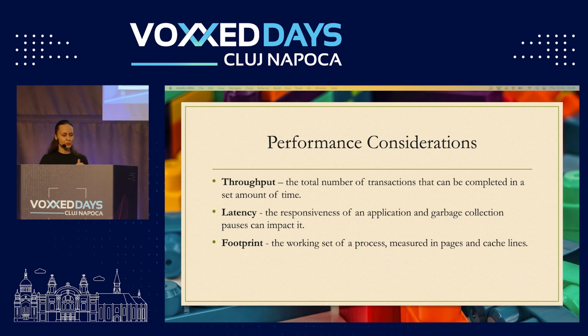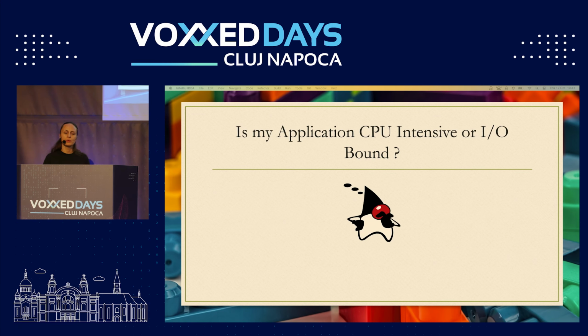We want the best throughput, the latency decreased as much as possible, and of course a small memory footprint. However, as I said, it comes with trade-offs. And another question that probably comes to your mind: is my application more CPU intensive or more IO bound? So what kind of resources does it use more, and how is that connected to the garbage collector that it uses?